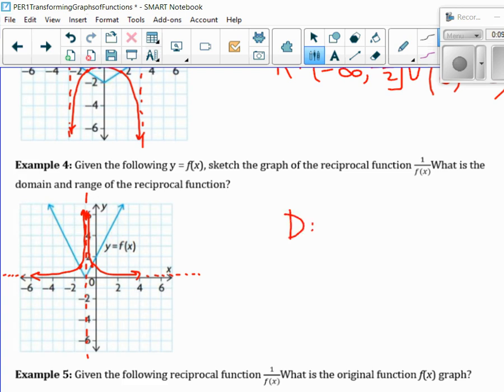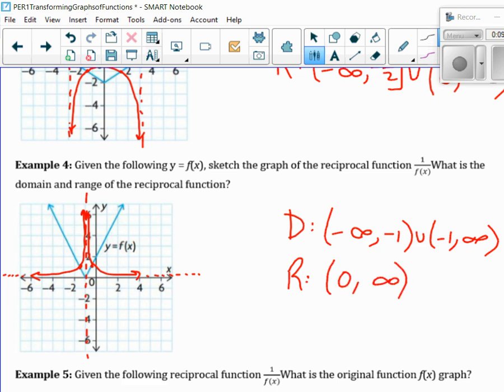So I'll give you a second to find your domain and range. -infinity to -1, union -1 to infinity, and my range is 0 to infinity.